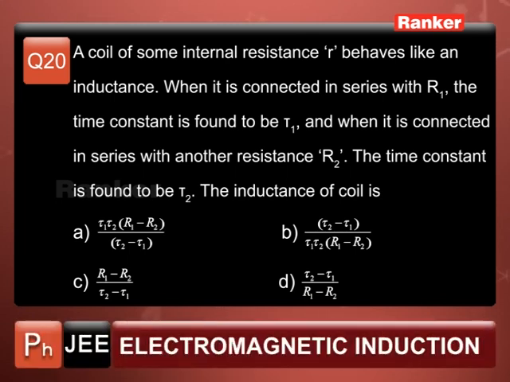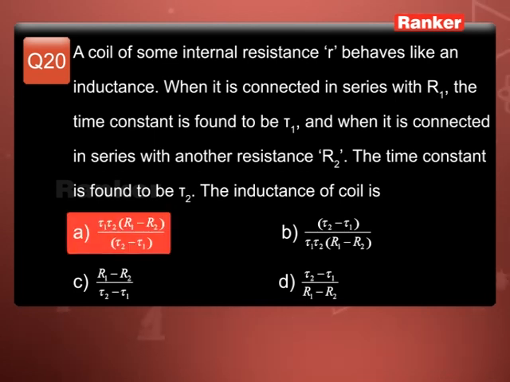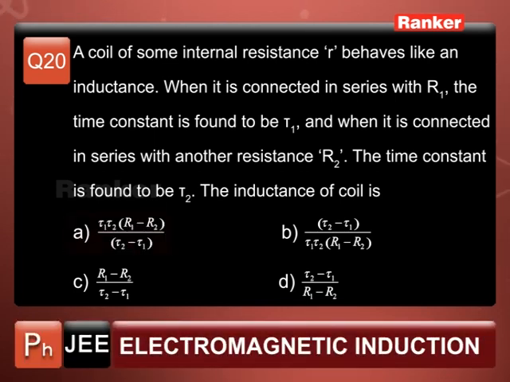The third is R1 minus R2 by tau 2 minus tau 1. And the fourth option is tau 2 minus tau 1 by R1 minus R2. The correct option for this one is the first one, tau 1 tau 2 into R1 minus R2 whole divided by tau 2 minus tau 1.